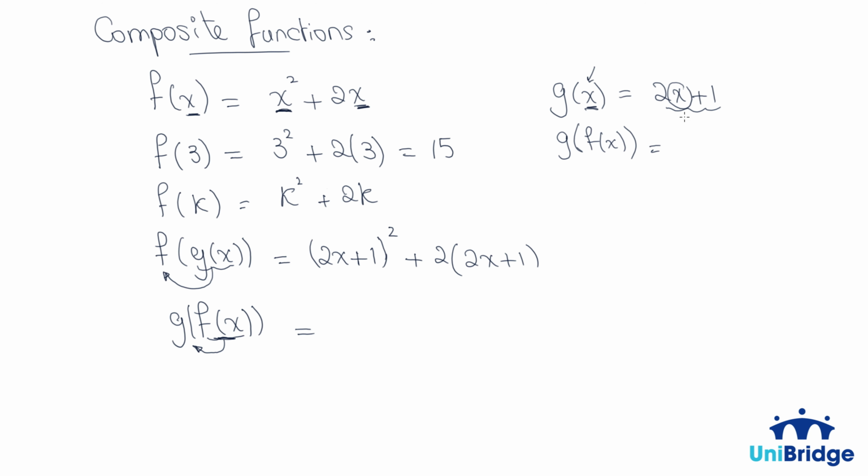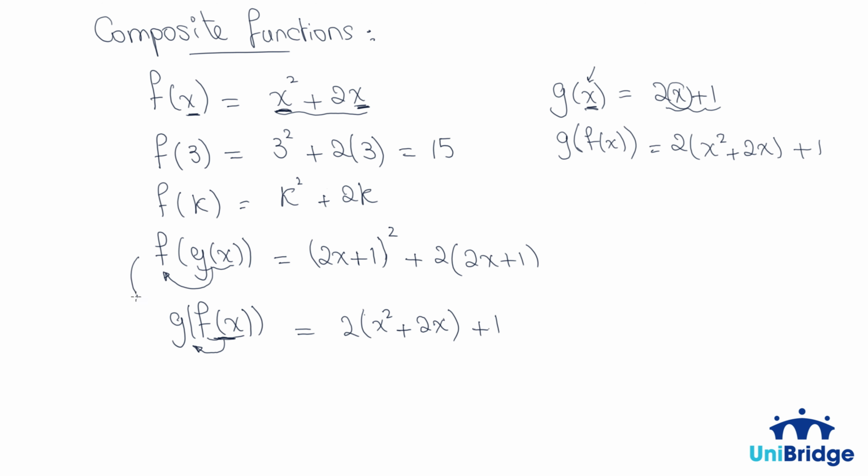So you remove each x in the g, and you plug in the expression for f of x as a whole, which is x squared plus 2x. And then you can add the plus 1 here, right? So you can write this over here. So this is x squared plus 2x, and then all plus 1.